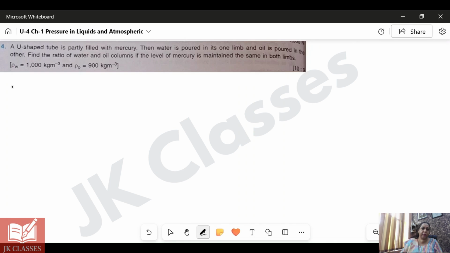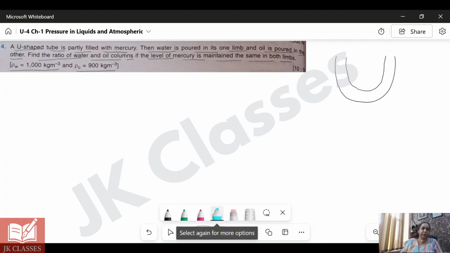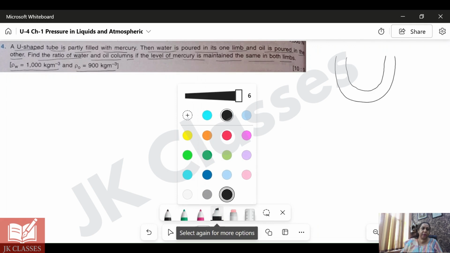Question number 4. A U-shaped tube is partly filled with mercury. Then water is poured in its one limb and oil is poured in its other. Find the ratio of water and oil columns if the level of mercury is maintained the same in both limbs, given density of water and density of oil. We have a U-shaped tube filled with mercury.